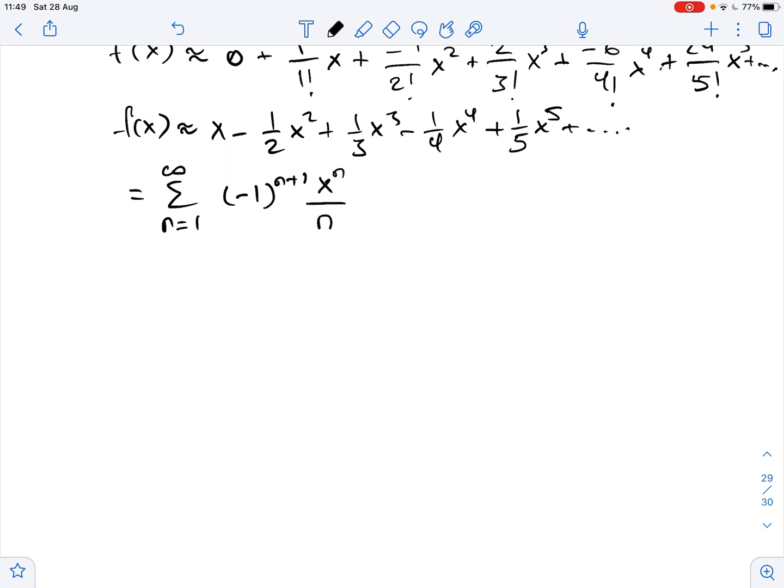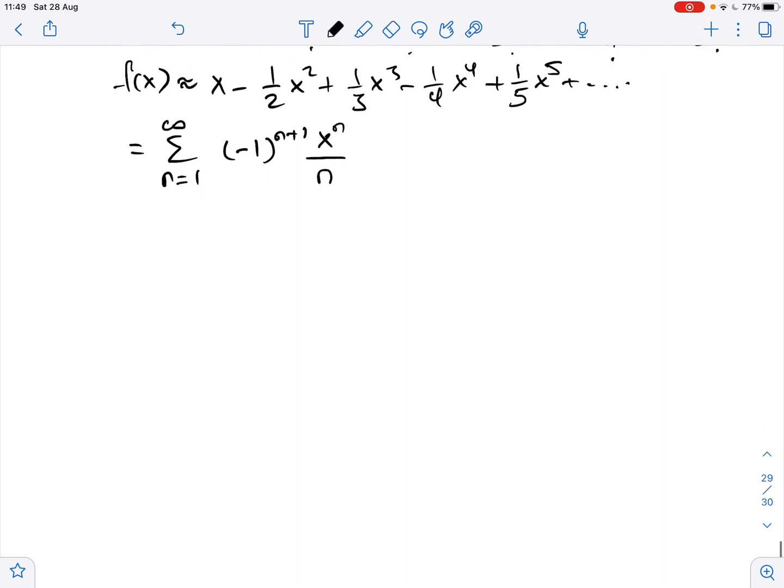The ratio test states that if the absolute value of a n plus 1 over a n is less than or equal to q, eventually, for some q between 0 and 1, then the series converges. If it's more than 1, then the series diverges. So let's consider the given series.